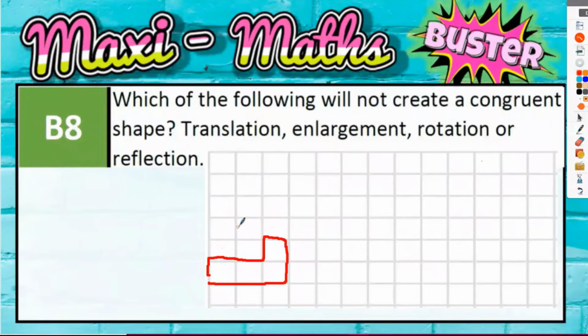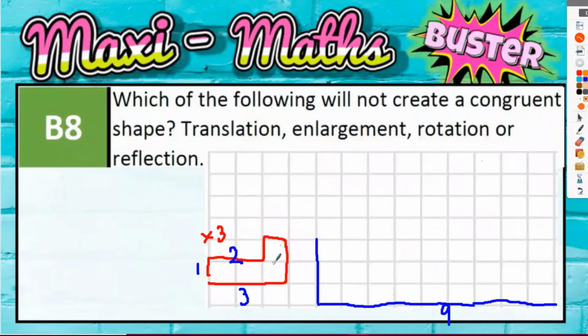If I did a scale factor of 3, that means each side on the shape would be 3 times bigger. So the bottom side, which is 3 squares, would then have to be 9 squares, like so. That's 9 squares. This side is 1, so 3 times 1 is 3, so we go 3.